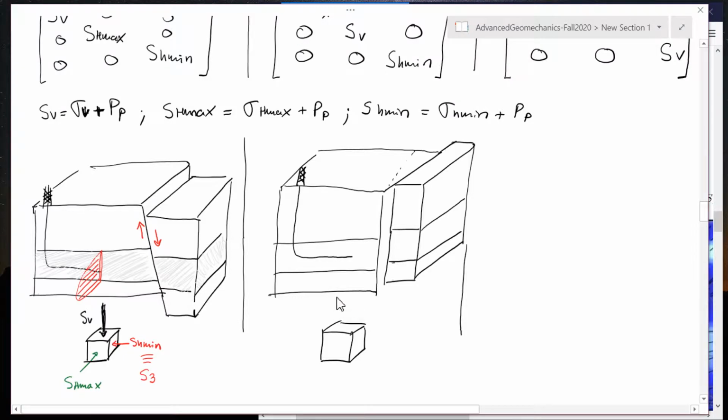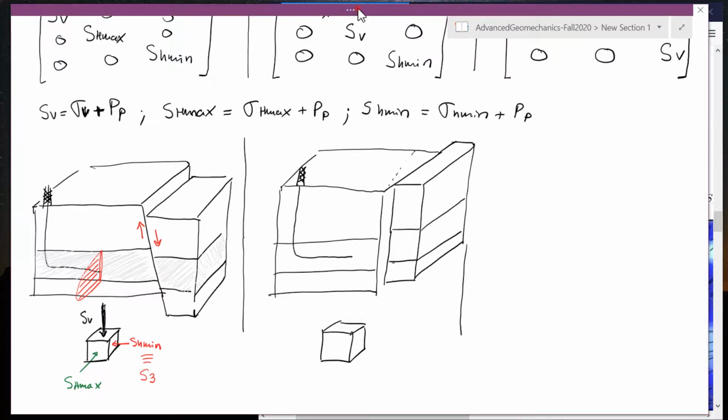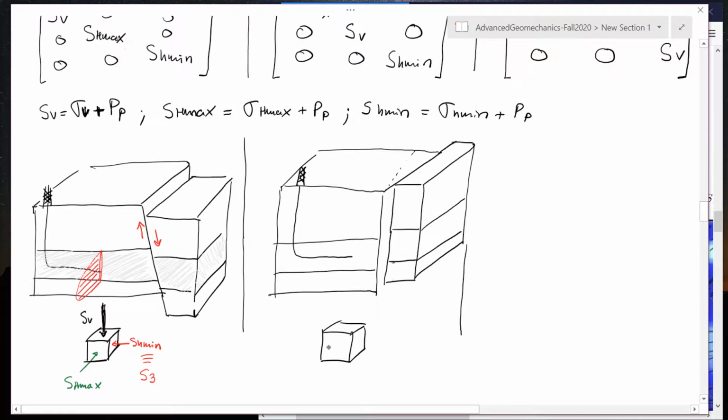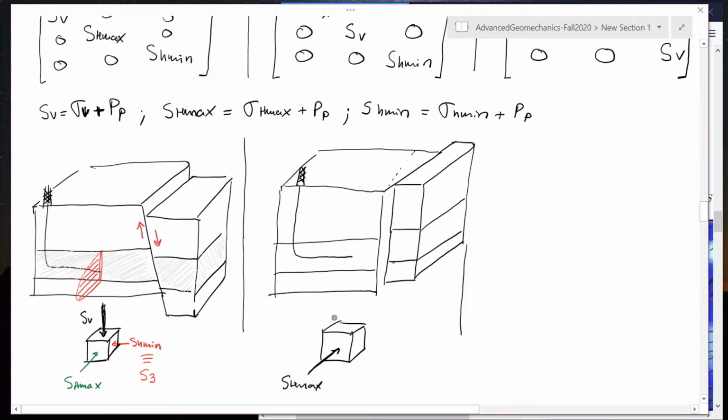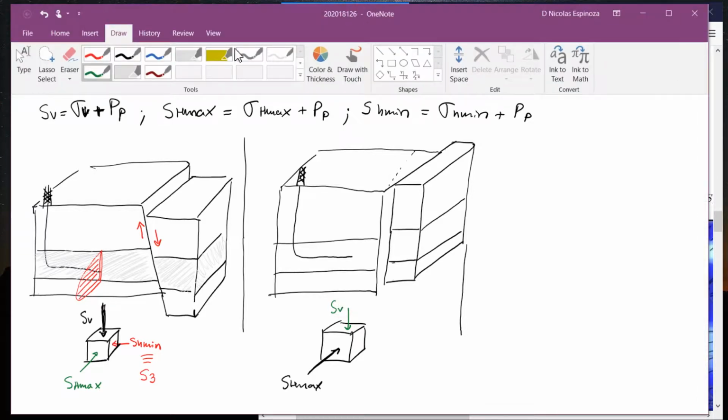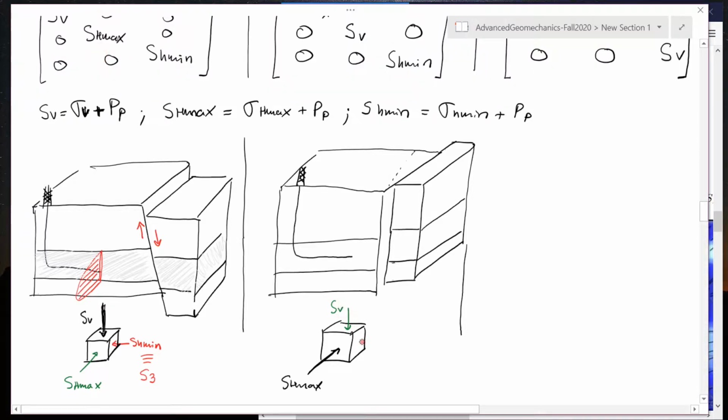The black is going to be the maximum. So now the maximum is going to be SH max. Intermediate is going to be SV. And the minimum is going to be SH min, which arbitrarily I chose to be in this direction.